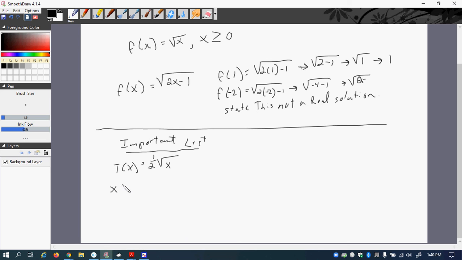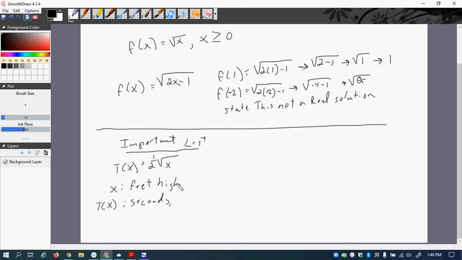They told me what x was. X is in feet, and it's how high, so it's in feet. And then they told me t of x. T of x is in seconds, okay, it's in seconds.